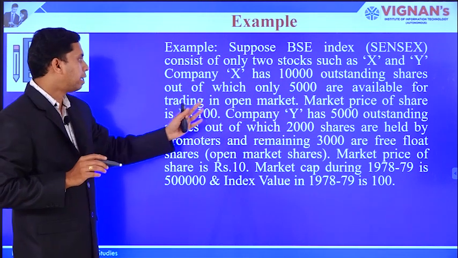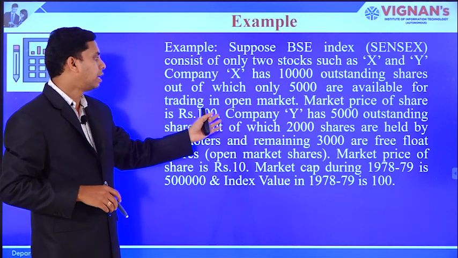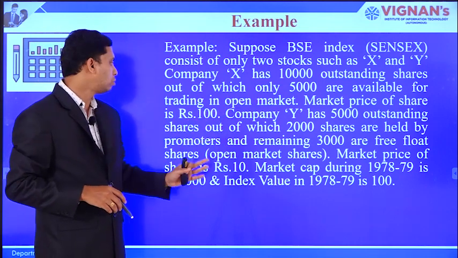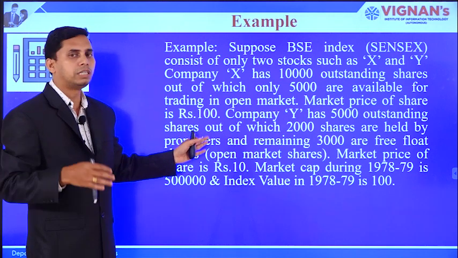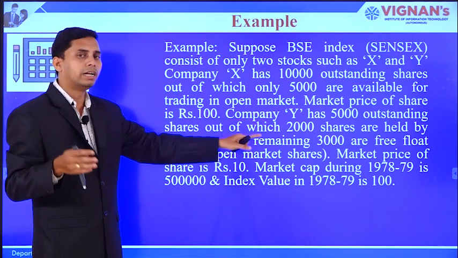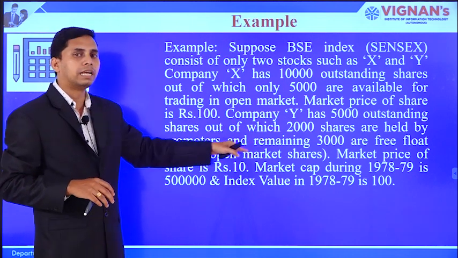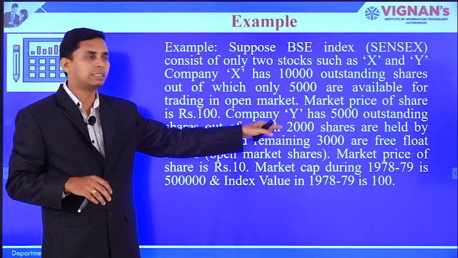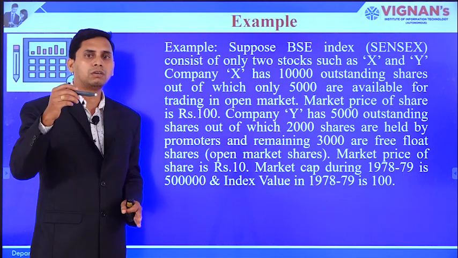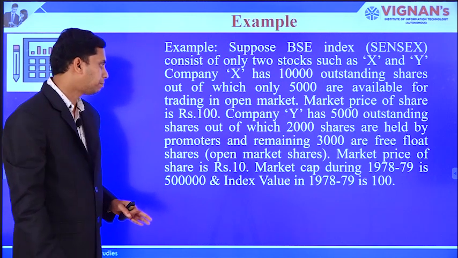The market price of the share is 100 rupees, and company Y has 5,000 outstanding shares, out of which 2,000 are held by the promoters and 3,000 are open for trading, which means 3,000 are the freely available shares for company Y.